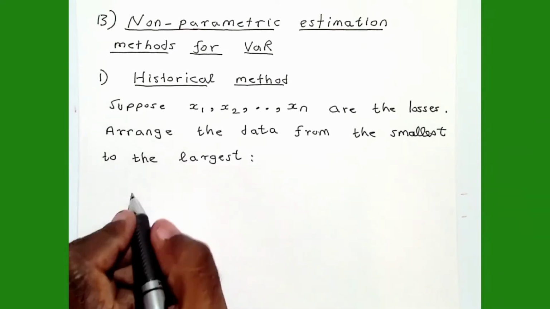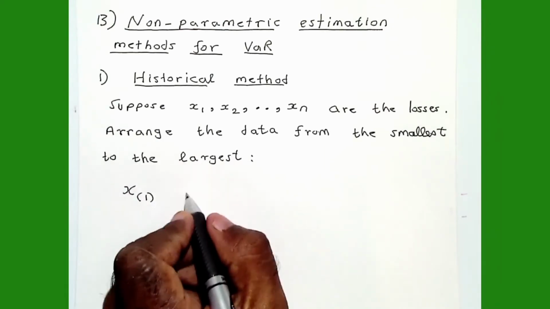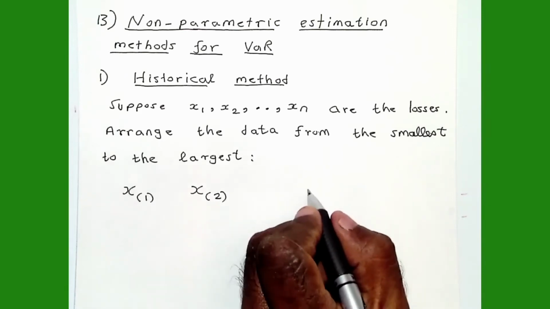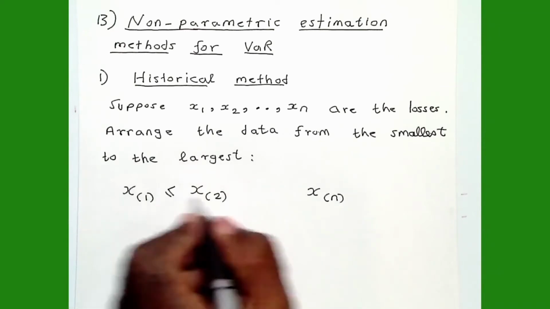Suppose this is the smallest, I'm going to denote it by this. Suppose this is the second smallest, denoted by this, and suppose this is the largest. So you have these inequalities.